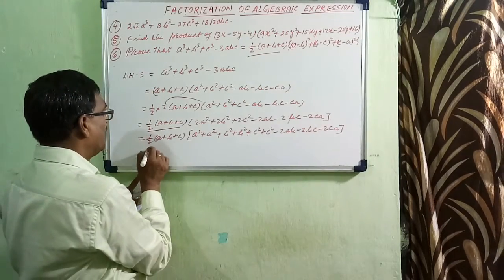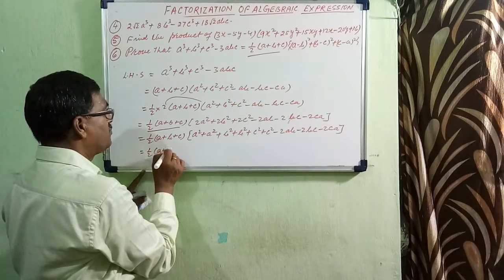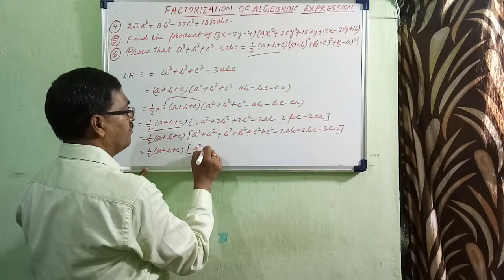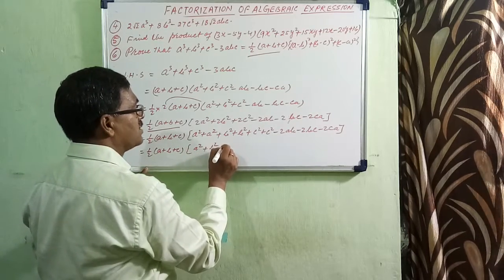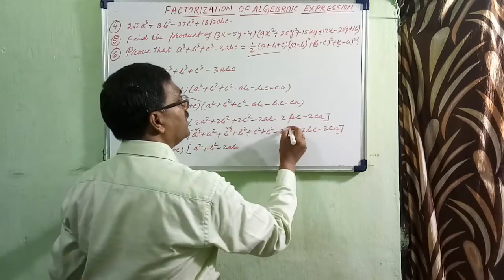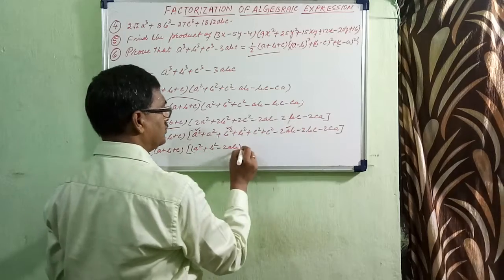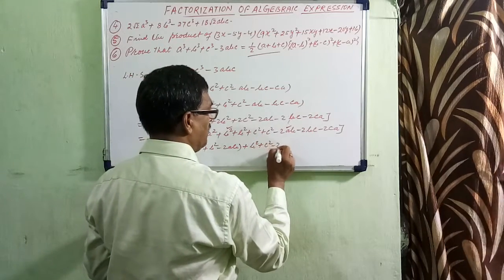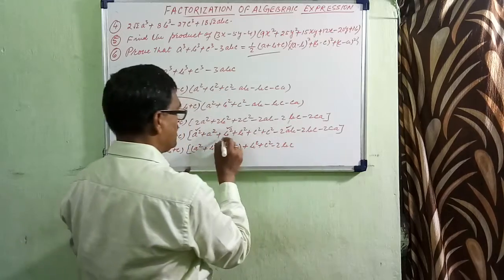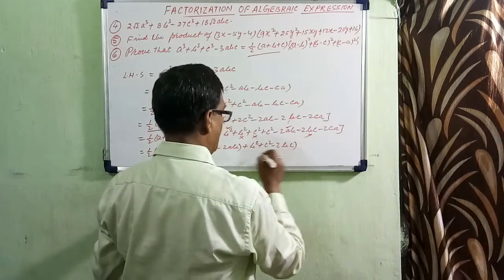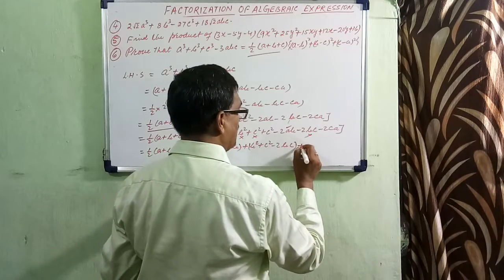Now here, half (A plus B plus C): A square plus B square minus 2AB, this and this you take together, plus B square plus C square minus 2BC, this and this together, and then the remaining terms you write, what is that?